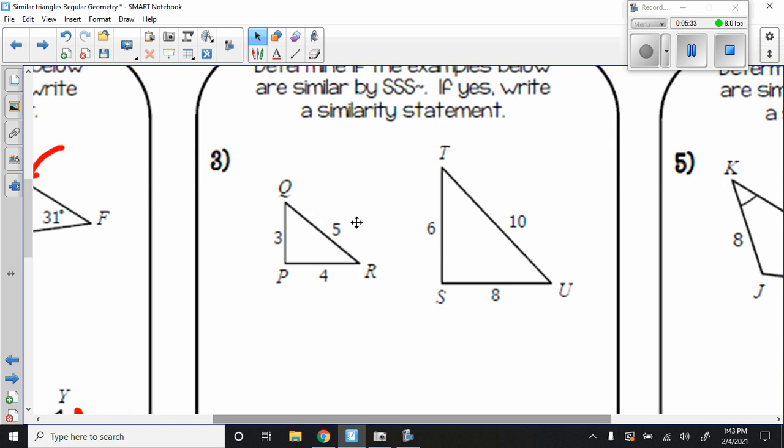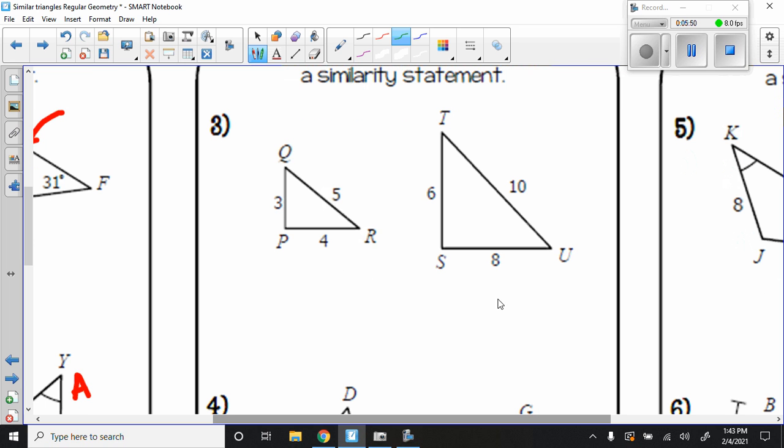Okay? So look at number 3 here. This is similar by side, side, side. You should see a scale factor of 2. 3 times 2 is 6. 5 times 2 is 10. 4 times 2 is 8. The scale factor is the same.